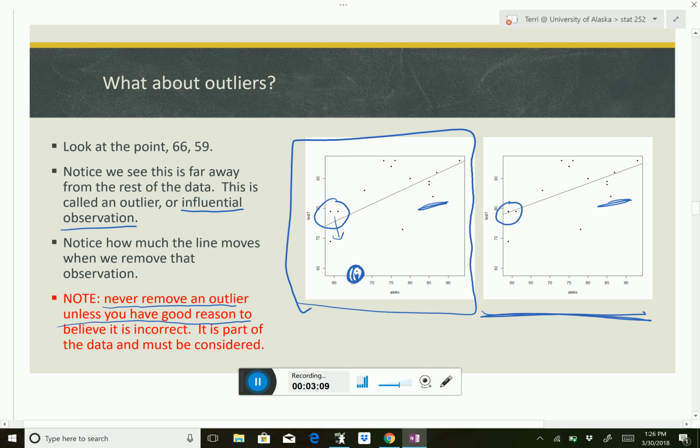That's part of my data. I can't just throw it out willy-nilly. If I had gobs and gobs of data, maybe it would be okay to take one that did not look right at all, that was completely different than the rest of them. But again, it's part of the data, and it's not something that I really want to take out.